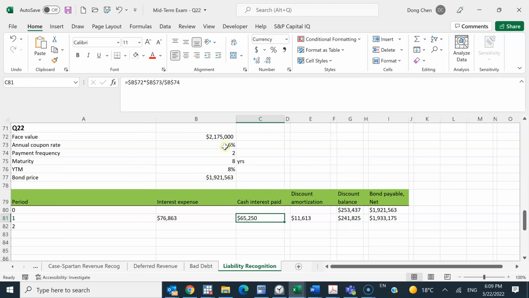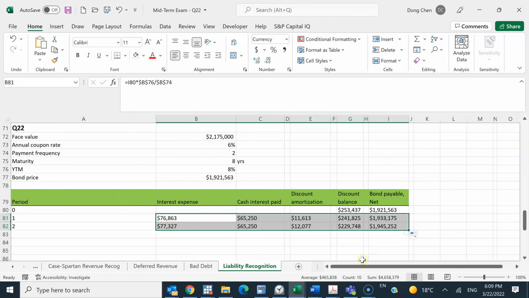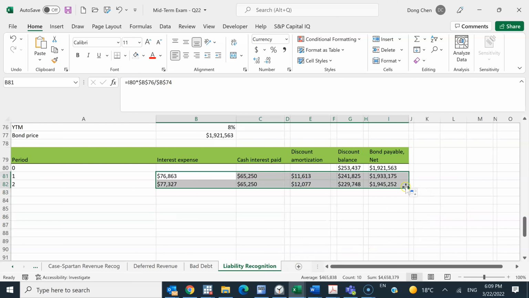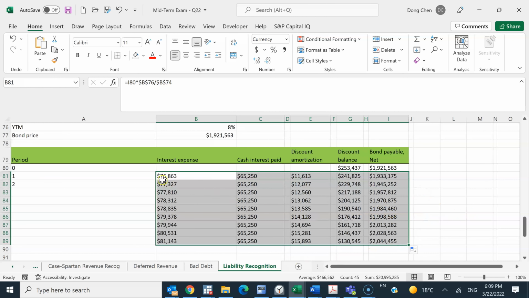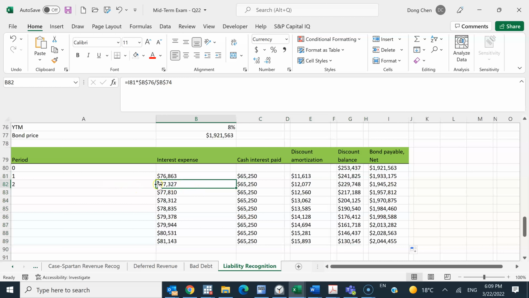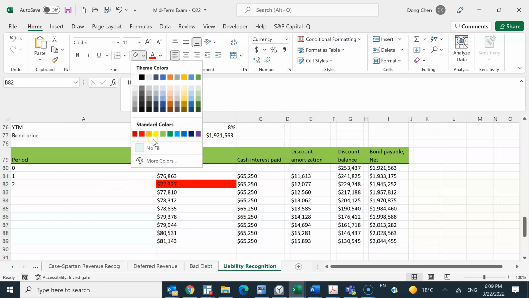So now I believe I can extend this to the other years. And you can see all this can be automatically calculated. And if you continue to do that, you can actually get all these future numbers for these items here. But for this question, what I need is this number, which I highlight here in yellow, right?